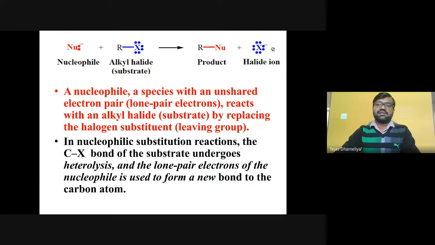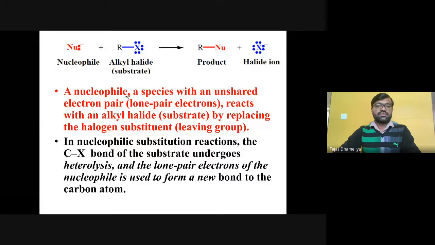Now this halide ion is generally termed as the leaving group, where it is going to leave from the reaction. That's why it is the leaving group.